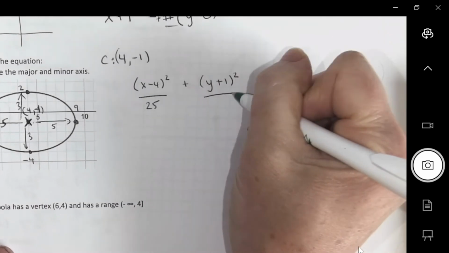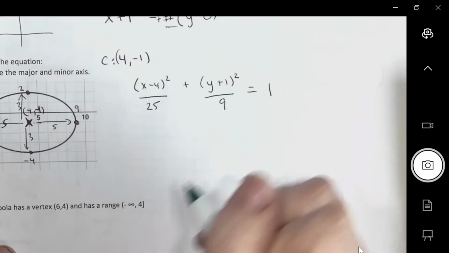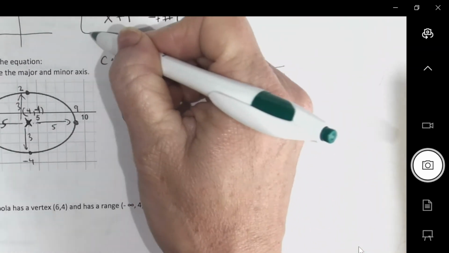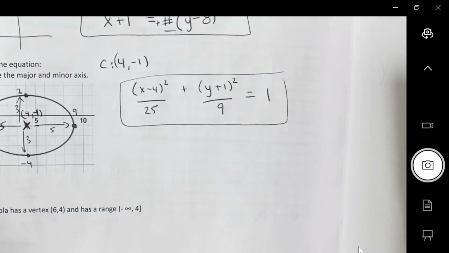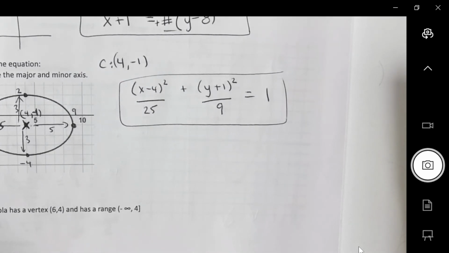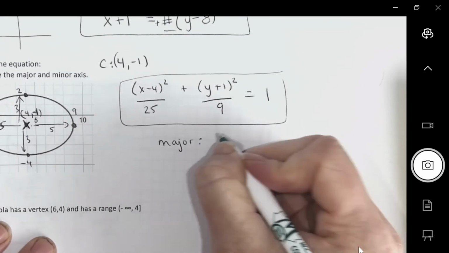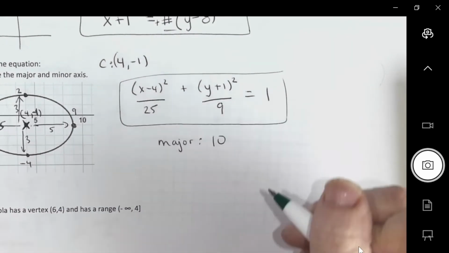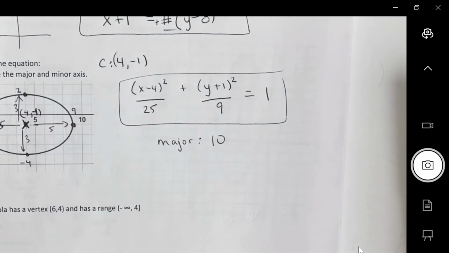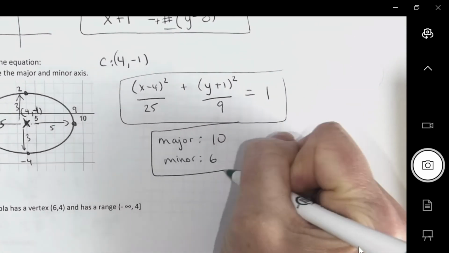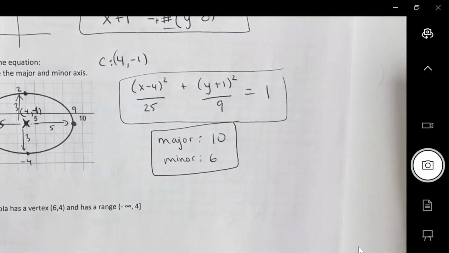Vertically was 3, so under the y stuff I need a 9. Okay, what's the length of the major? The major would be 10 long, and the minor would be 6. Okay?